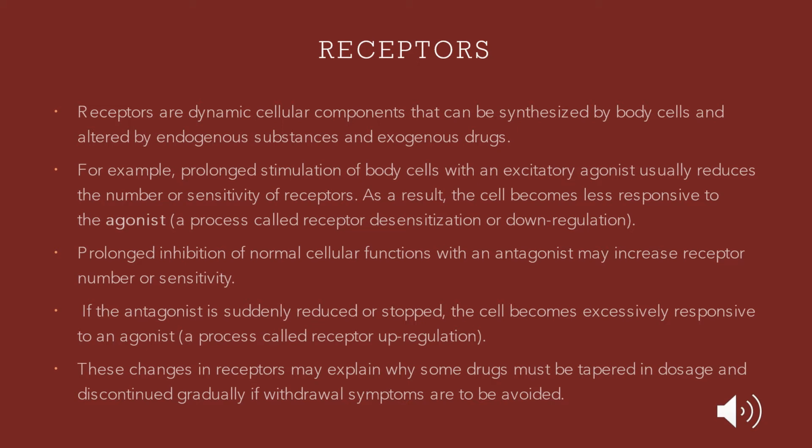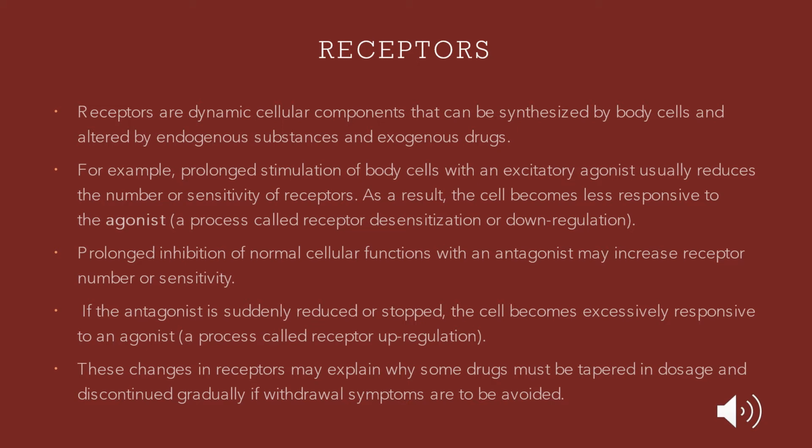Prolonged inhibition of normal cellular functions with an antagonist may increase receptor number or sensitivity. If the antagonist is suddenly reduced or stopped, the cell becomes excessively responsive to an agonist. This is a process called receptor upregulation.